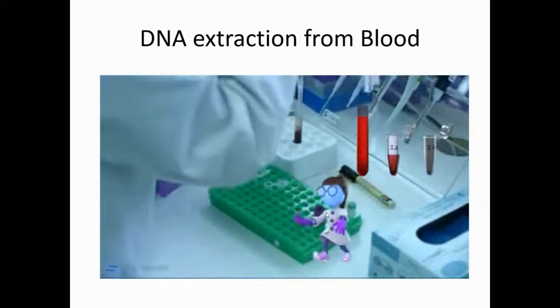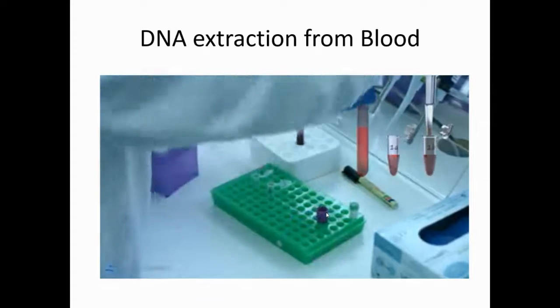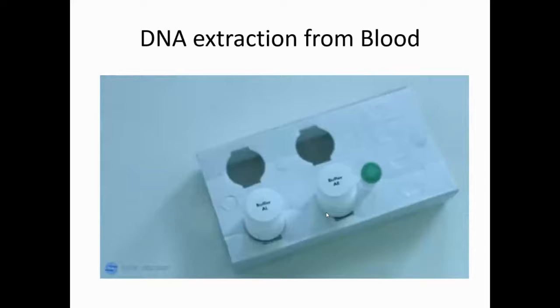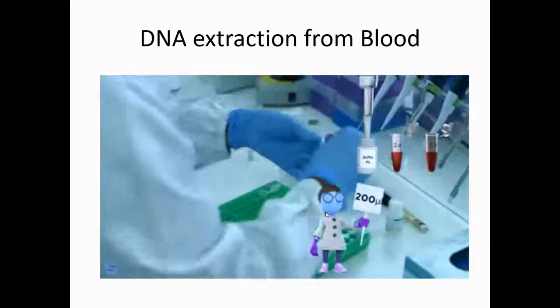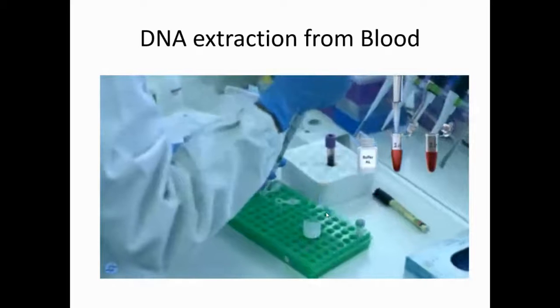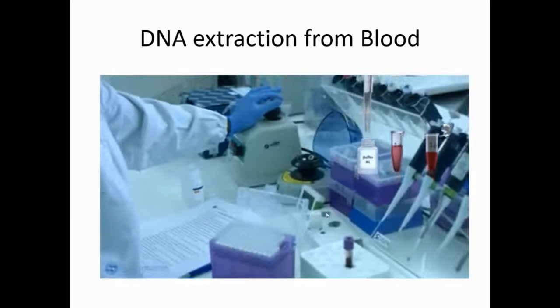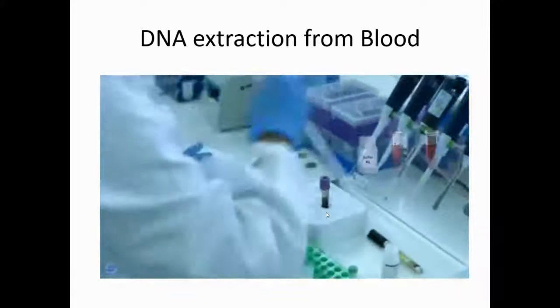Do this slowly as blood is viscous. Cap the blood sample and put to one side. Add 200 microliters of buffer AL to each sample. Close the tube and vortex for about 15 seconds, and this step will be repeated for all subsequent samples.